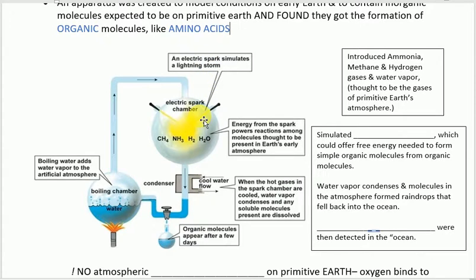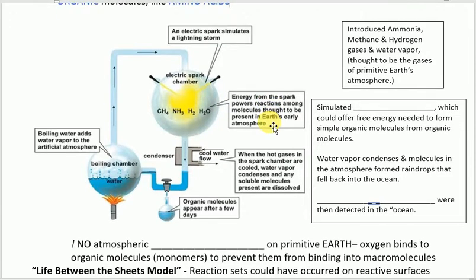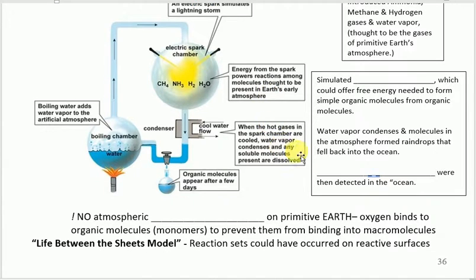And then that energy powers the reaction that was thought to be present in the early atmosphere. And then when the hot gases are cooled by this cool water flow, the water vapor condenses and anything left basically dissolves. And then we end up with these organic molecules a few days later.